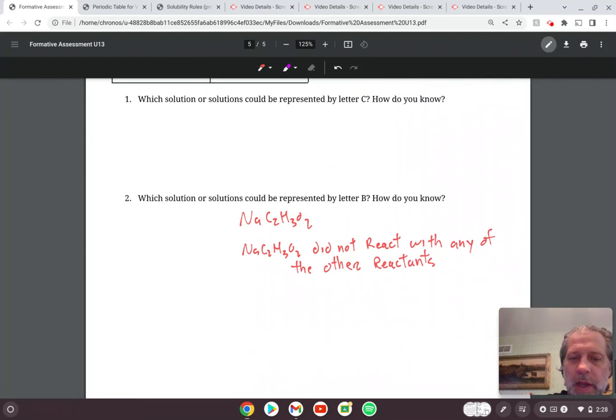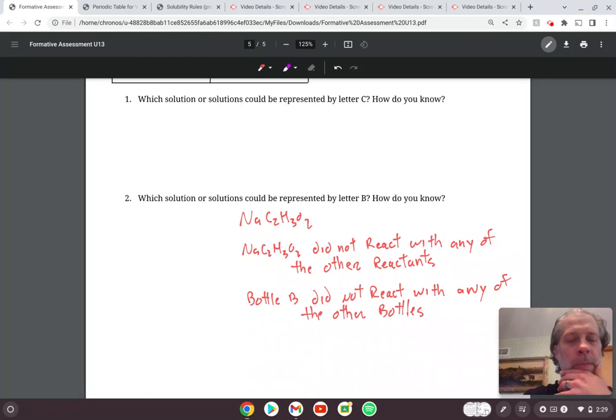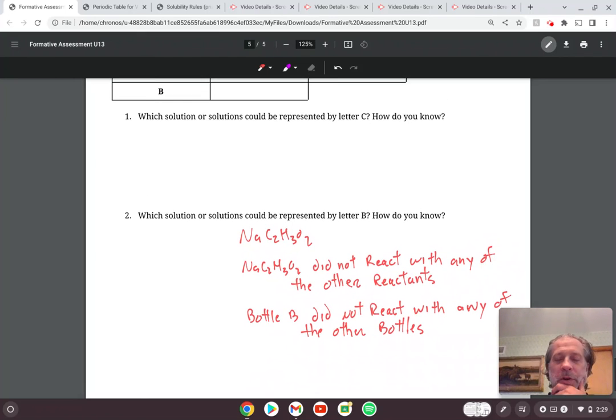And I can also say that bottle B did not react with any of the other bottles. Okay, so that one was pretty easy to knock out.